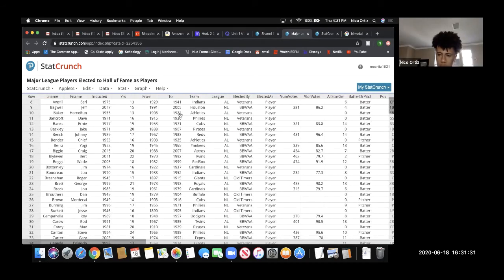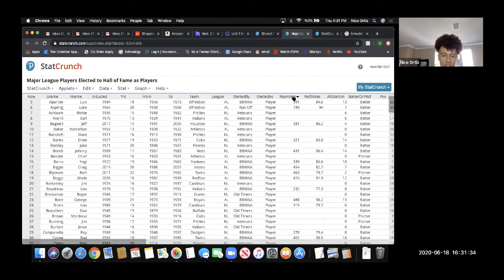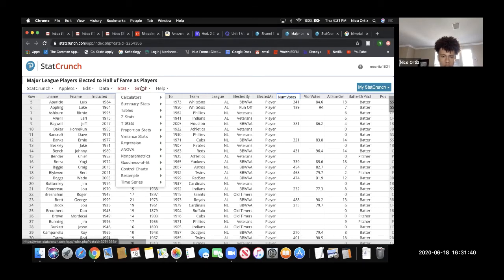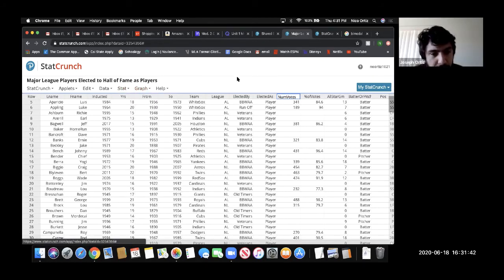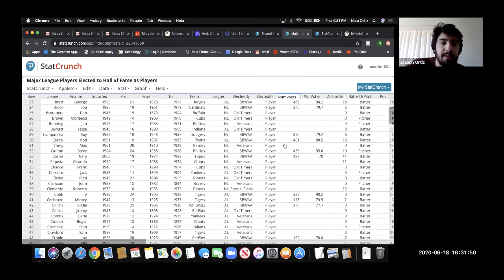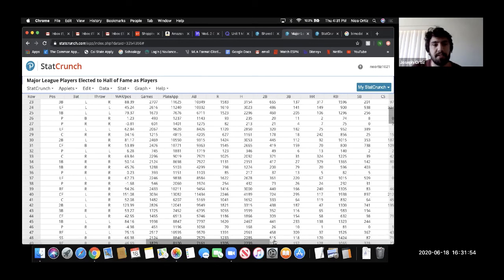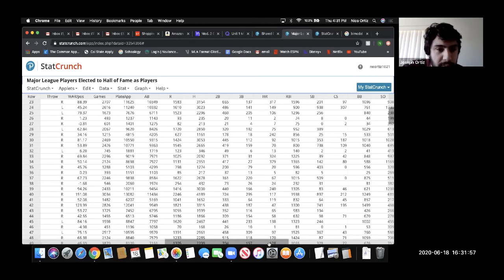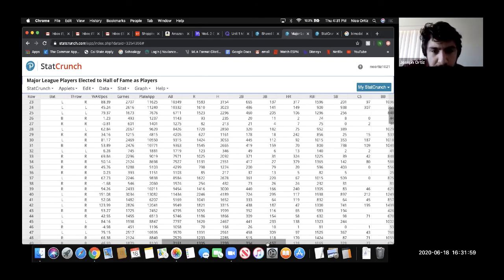I could do number of votes, right? That one seems to be missing a lot of columns though, so let's see if there's a better one, maybe another column. You can scroll to the right at the bottom. So maybe the home run percentage or how many RBIs they had. That'd be cool.